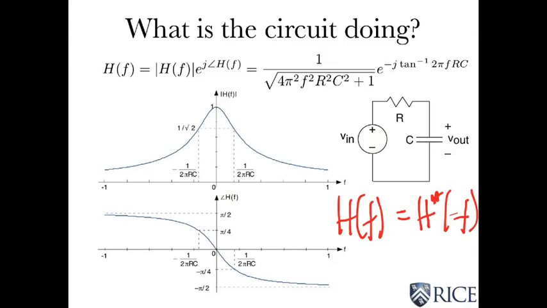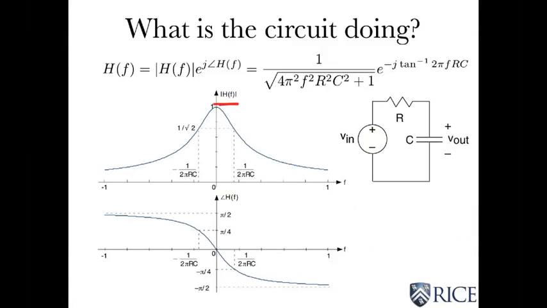Well, okay. What is this curve telling us? Particularly the magnitude. As frequency increases, the output voltage, V out, will be getting smaller and smaller and smaller. What I'm assuming is that the input voltage, the amplitude of our sine wave, is a constant across all frequency.